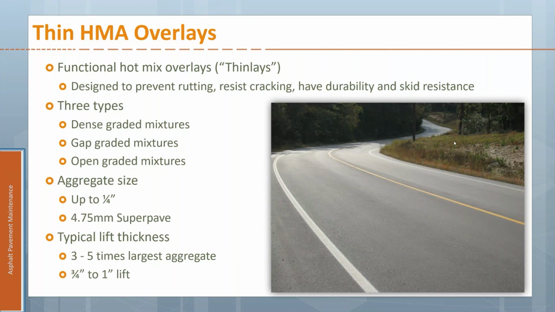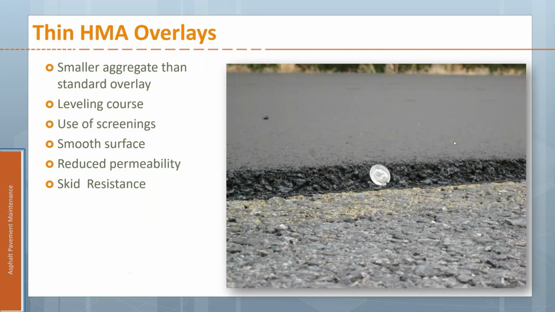This is half the size. So now what we're looking at is smaller aggregate particles, and the typical lift thickness is somewhere between 3/4 of an inch to 1 inch. So less material can cover a larger area or a longer length, and everything else about it is pretty similar.